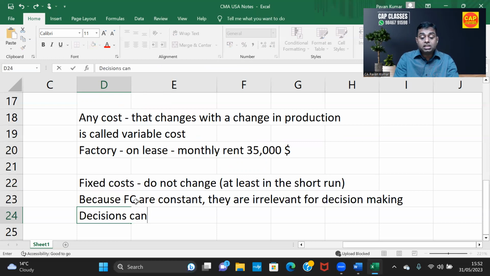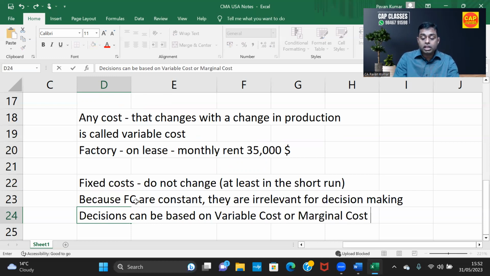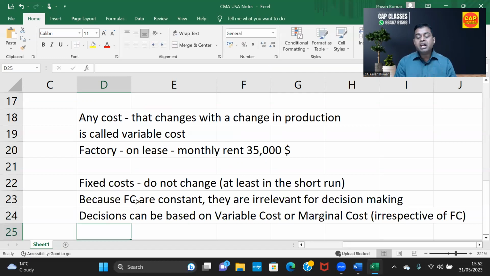So decisions can be based on variable cost or marginal cost. That means irrespective of fixed cost. Don't consider fixed cost. Anyway, it doesn't change. You understand? So basically, this is what the subject matter is.